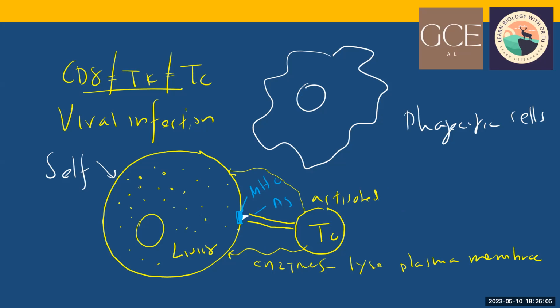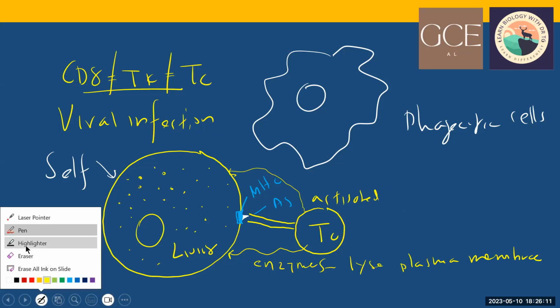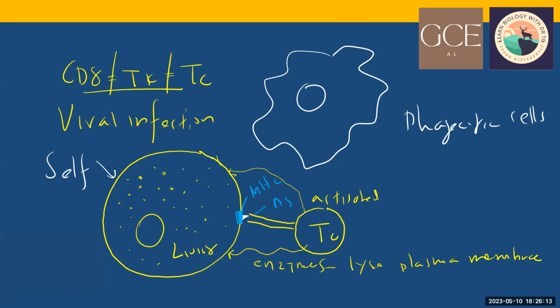Then what will happen? When the cell membrane is damaged, these virus particles are released. The virus can again be phagocytosed by the phagocytic cell now. The phagocytic cell then starts to phagocytose the virus.